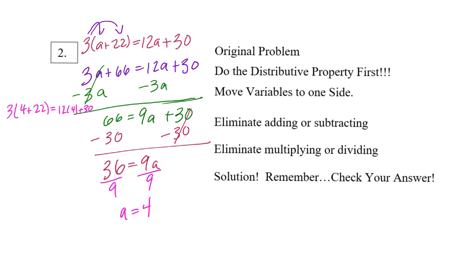Ran out of space there. So 3 times 26 equals 48 plus 30. 48 plus 30 is going to be 78, and 3 times 26 is also 78. So it works.